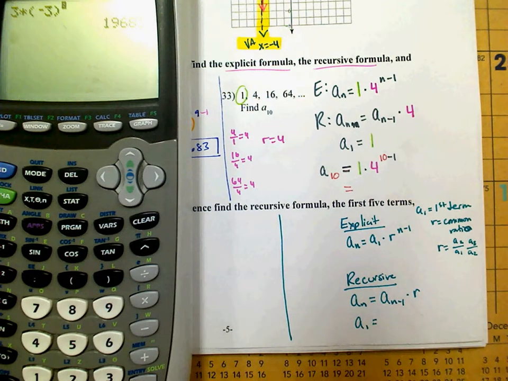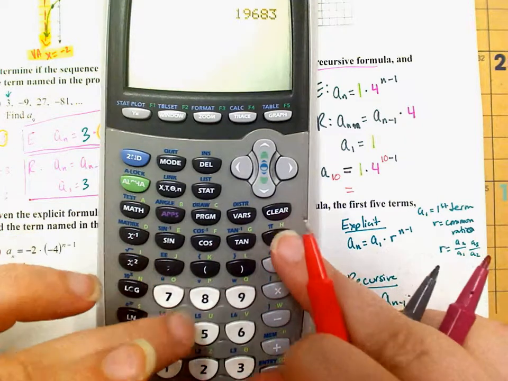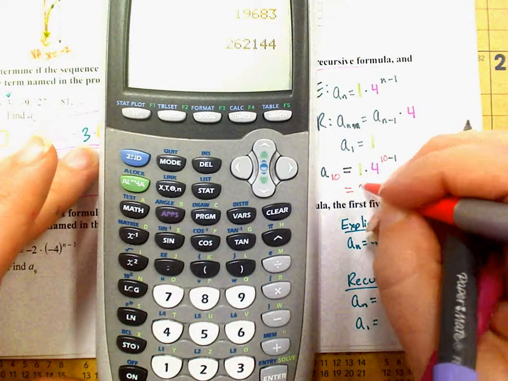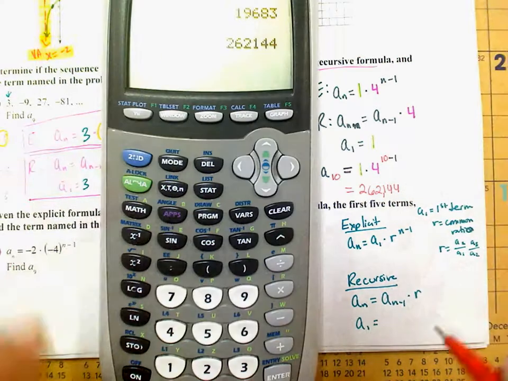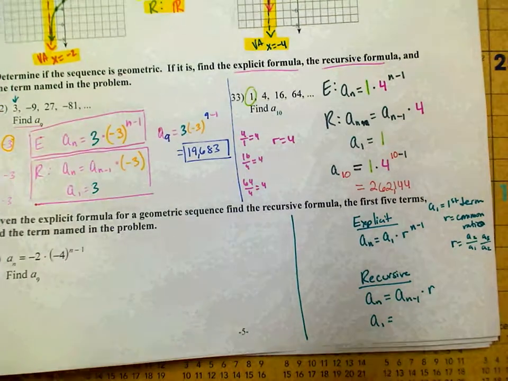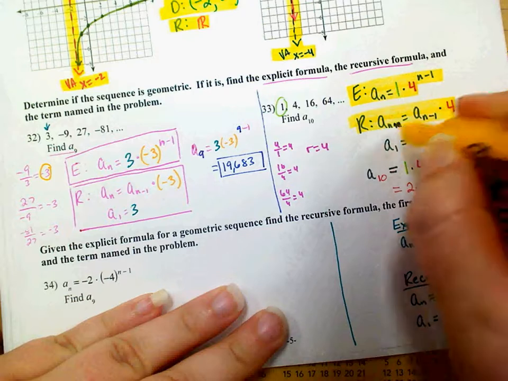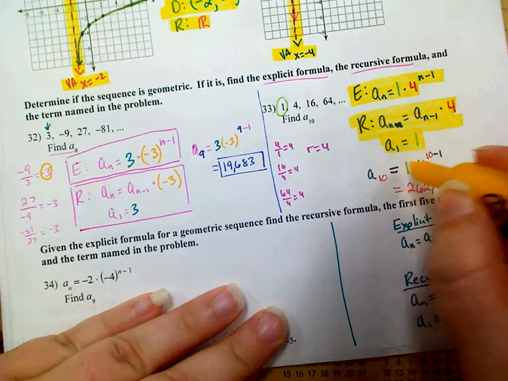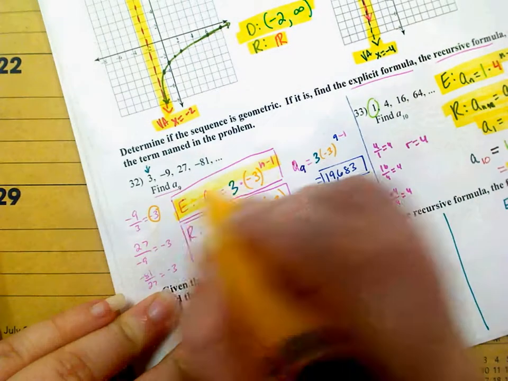And that is 262,144. So I've got the explicit, the recursive, and a sub 10 equals that.